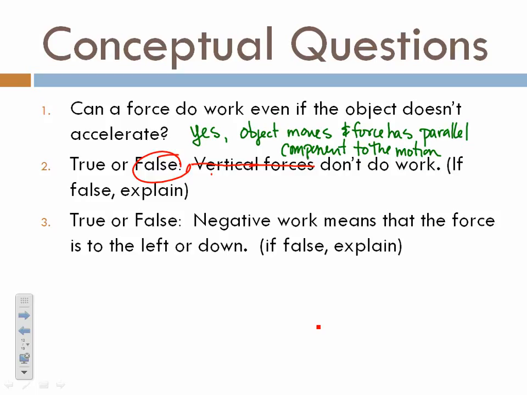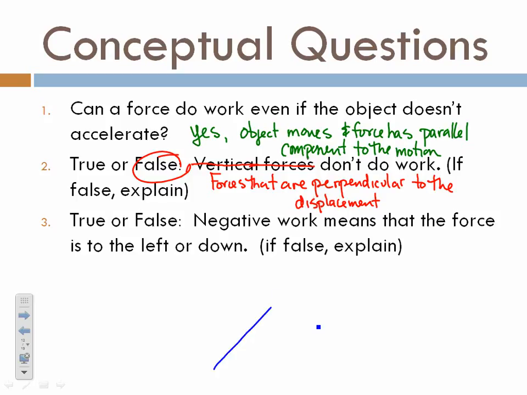And here's what I would replace it with: forces that are perpendicular to the displacement don't do work. So it's not vertical forces. It's ones that are perpendicular to the displacement. So there's at least one example where they are vertical forces and they don't do any work.